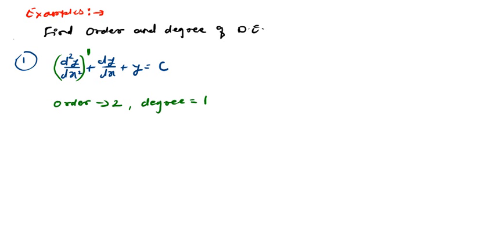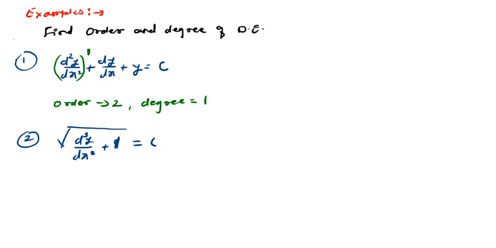Second example: what will be the order of this differential equation? Suppose I take d3y by dx cube plus 1, all raised to half, is equal to some constant c. The question is, what will be the order and degree?